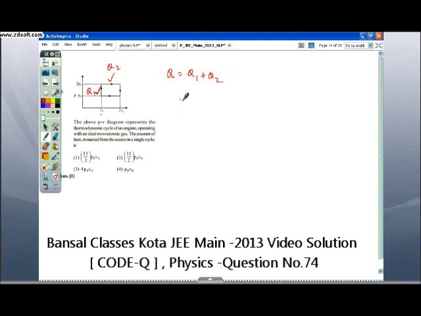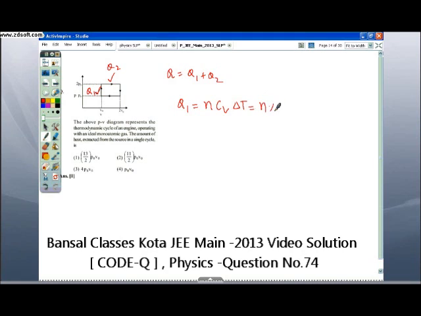Now to calculate Q1, you can see that this process is taking place at constant volume. So this is an isochoric process. We can write Q1 equal to n Cv delta T. Cv for monatomic gas is 3R by 2.